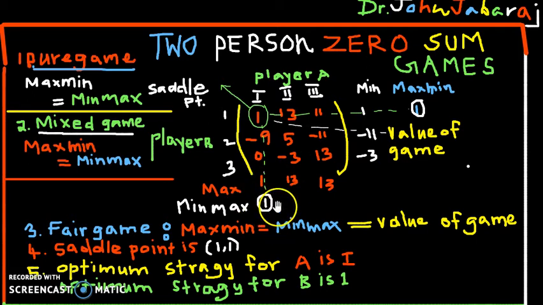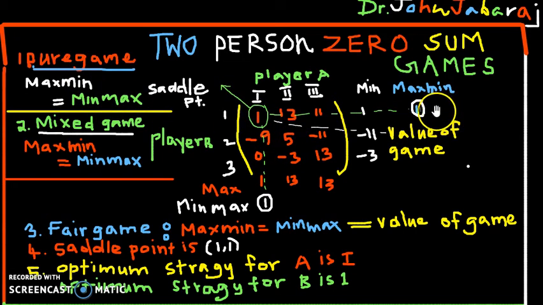Now what I see is that in our case, the max min is 1, and the min max is also equal to 1. So if max min equals min max, then we call it a pure game. In this particular game, max min equals min max, this is satisfied, therefore we call it a pure game.